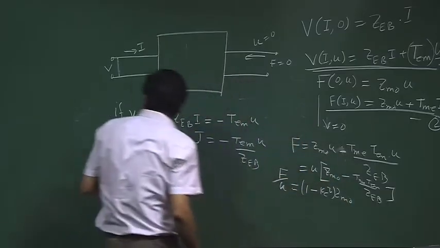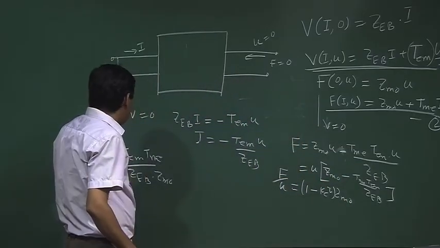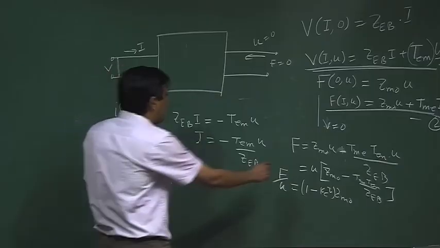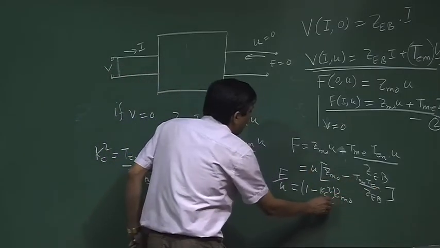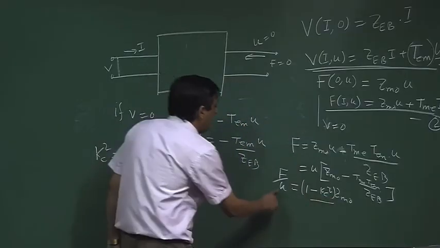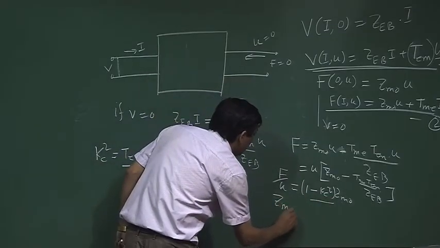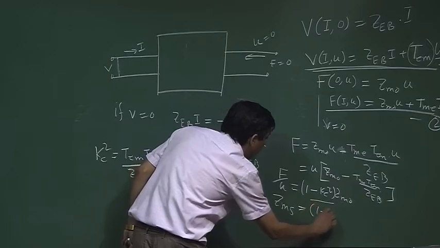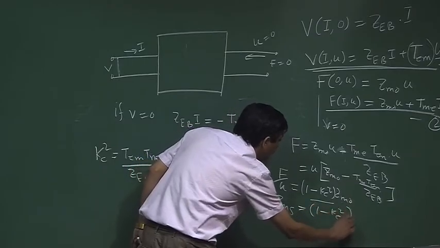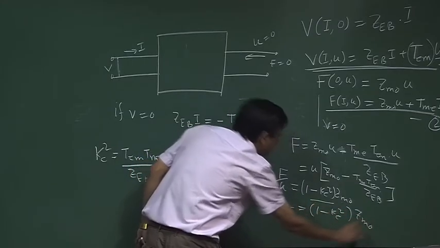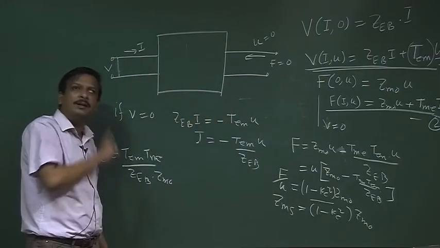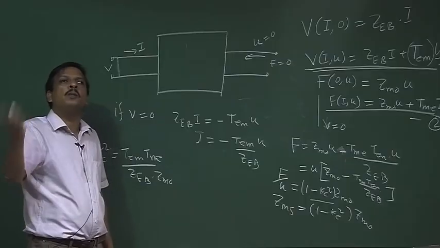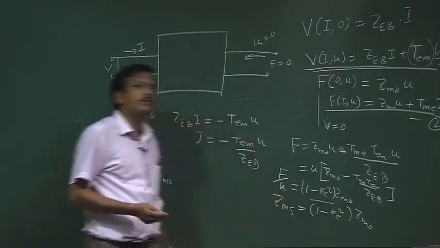ZMO will be common, 1 minus Kc square into this. What is F by U? It is nothing but ZMS. So ZMS is nothing but 1 minus Kc square into ZMO. So this is the relation between short circuit mechanical impedance and open circuit mechanical impedance.